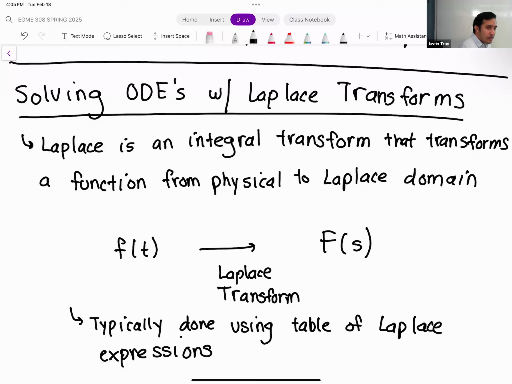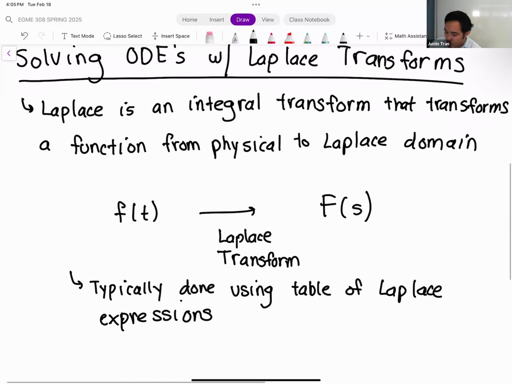I'm not going to write the table down again, since it was a few days ago and it's a lot. Just know that typically the way we perform transforms is we manipulate the function until it looks like something in the table, and then we plug in the transform from there.